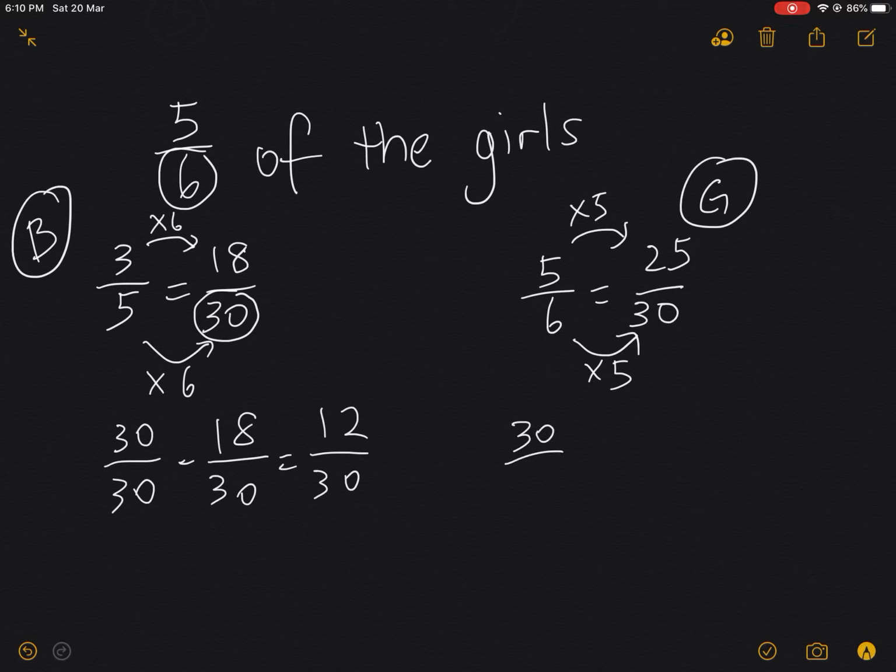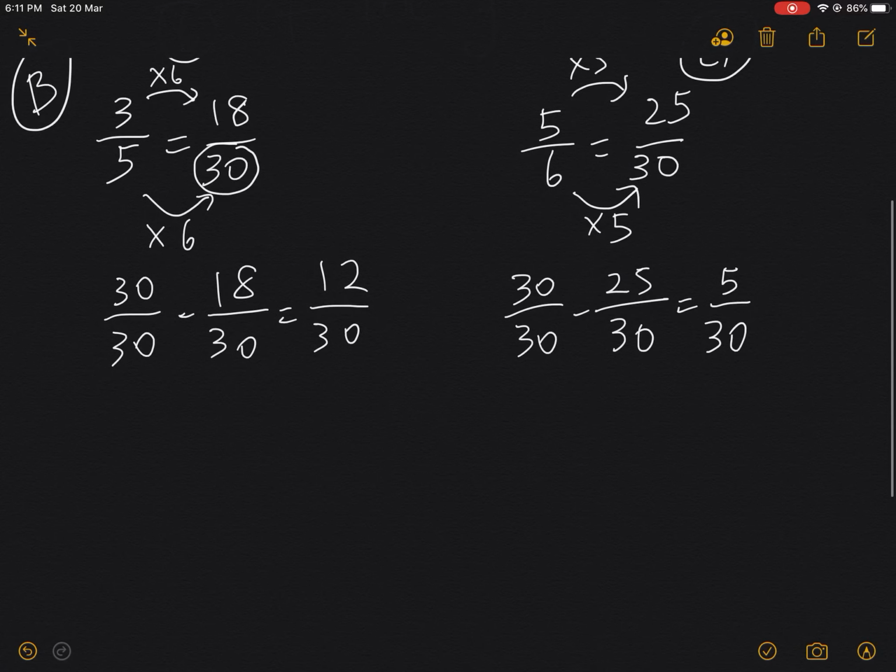This would be the total fraction for the girls minus those who remain. So we can find out that 5 out of 30 of the girls left the hall.